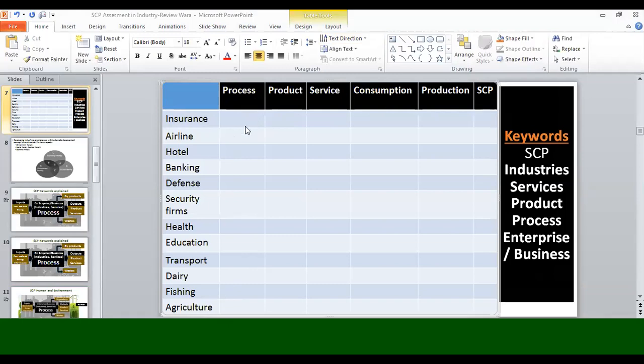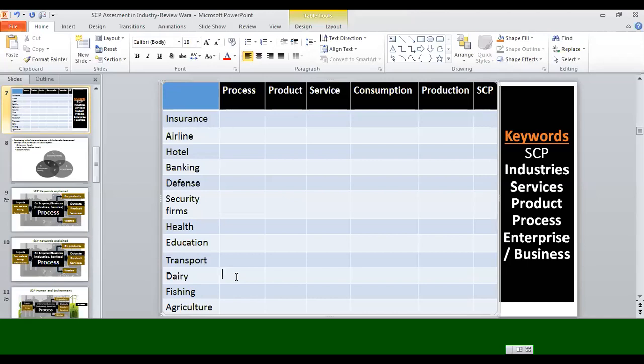So I will take the dairy industry. Are there processes involved? Yes, they process the liquid milk and produce products to sell.